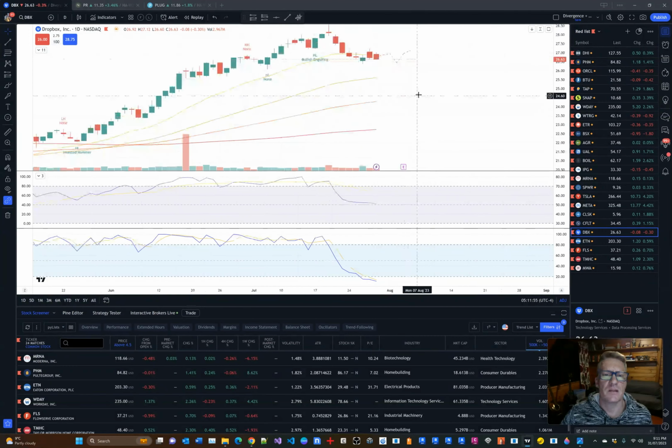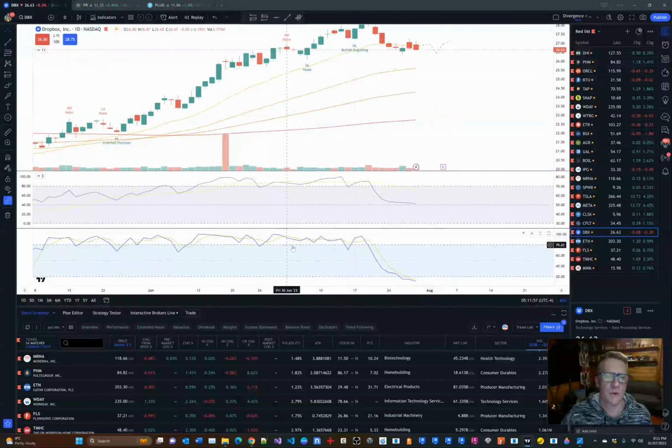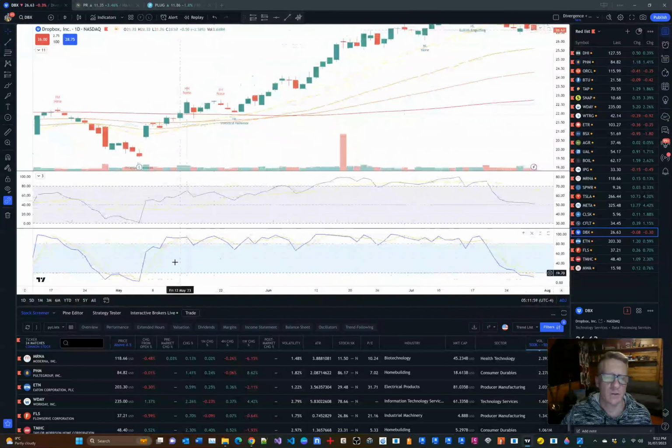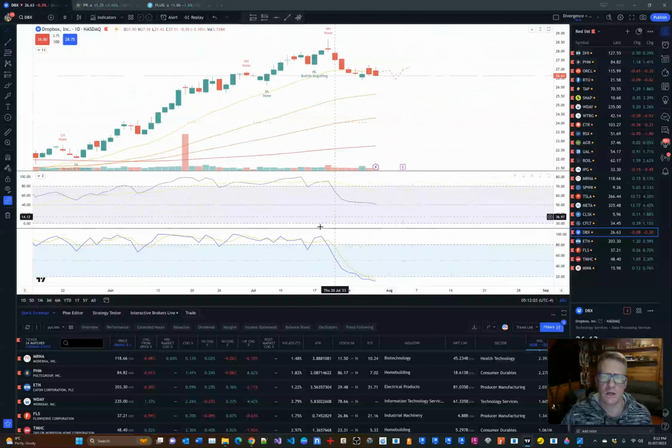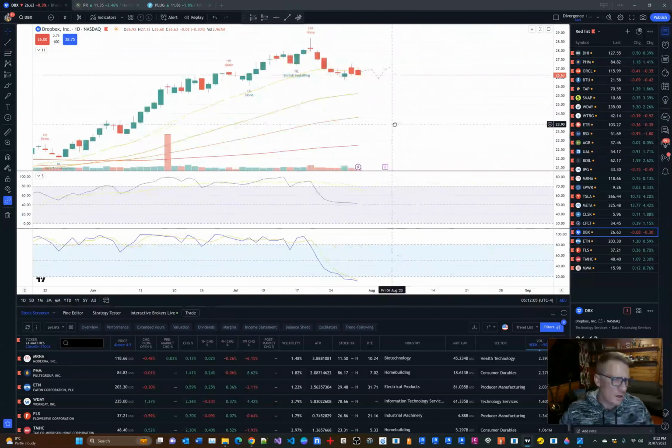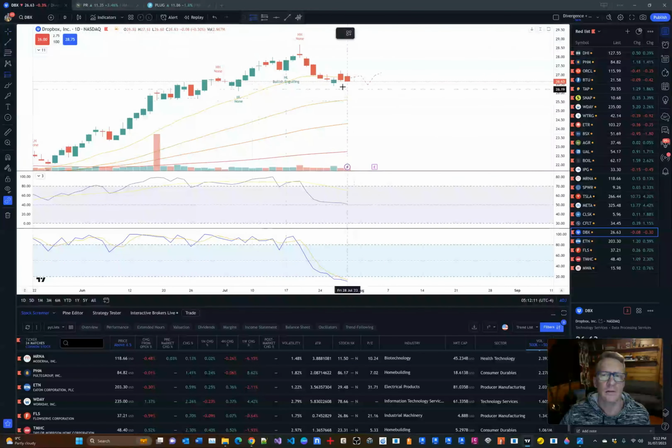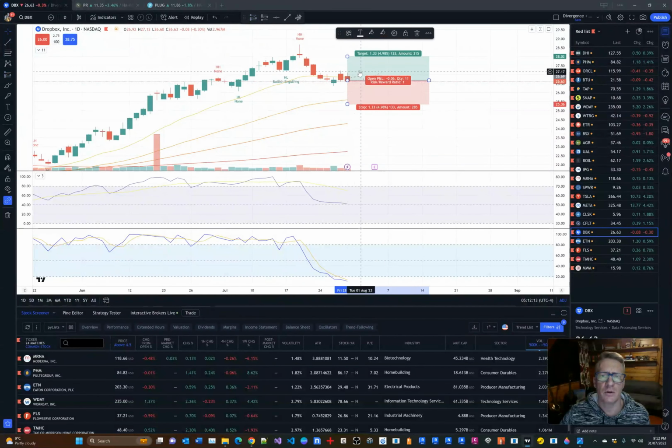Okay, so on DBX here, we've got quite a bullish pattern that's been running for quite some time. So very strong bullish trend here, and then a slow drop off on the stochastics, turning this back into the buyer's market, if you will. And if we had to enter this one, we would enter around about there.